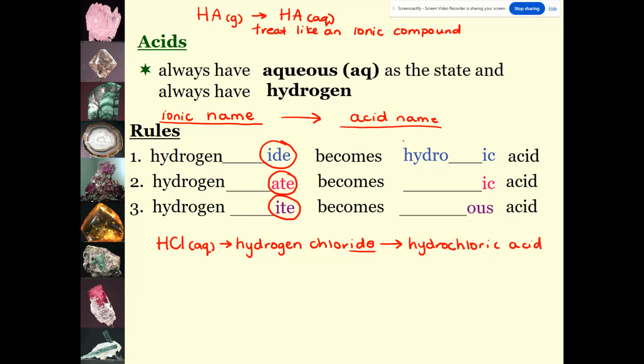Okay, and you might have to use this chart backwards also, and when you do, and you're writing the formula for the compound, you do treat hydrogen like an ion, and you do need to balance the ion charge, hydrogen being a +1, and the anion, whatever charge it has, you need the number of hydrogens to balance with it. Okay? So let's look at some examples. Keep this chart in the back of your mind. It's on your periodic table, so pull your periodic table out and follow along.